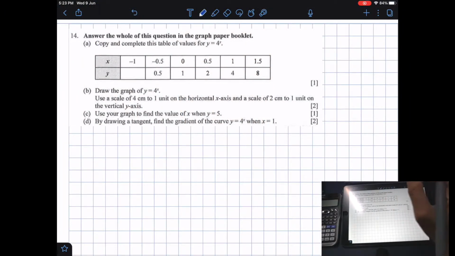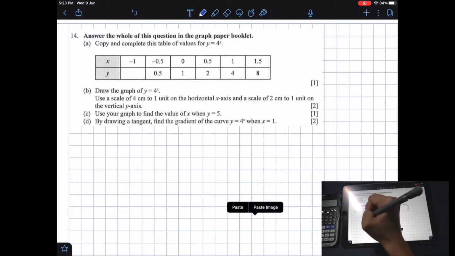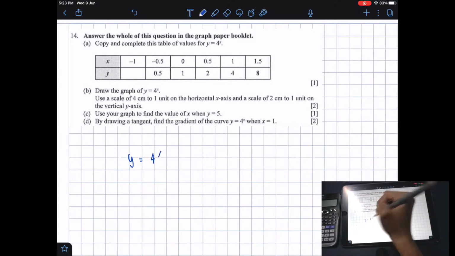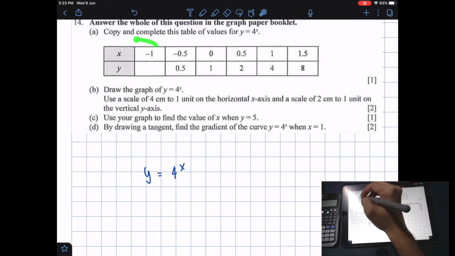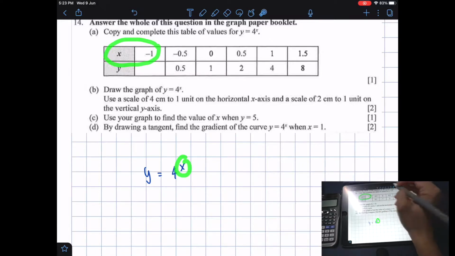In today's question, we'll be looking at a graph type of question from the GCE N levels. For this type of question, you are missing a y value. However, they already have given you the function of the graph, which is y equals 4 to the power of x. In this case, it is already given that x is -1.